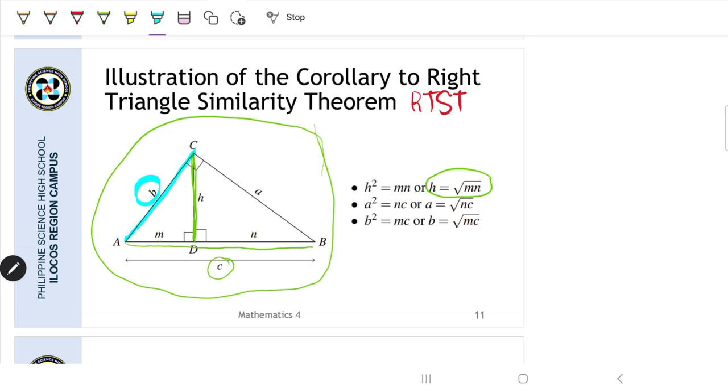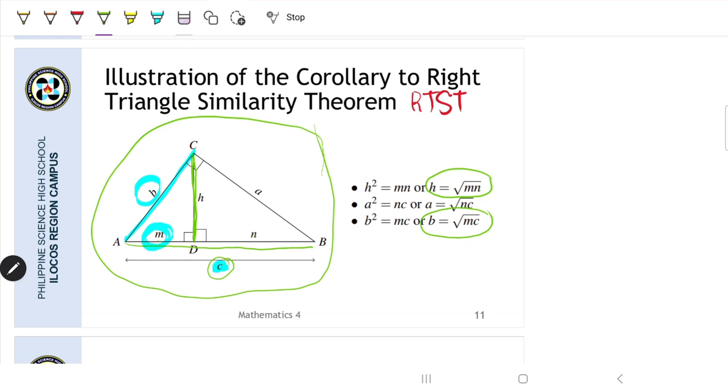So if we want to solve for B, that is the geometric mean of the hypotenuse, which is C, and the length which is adjacent to that given leg. So ano yung side na adjacent kay B? That is segment M. Okay? So B is equal to the square root of M times C.